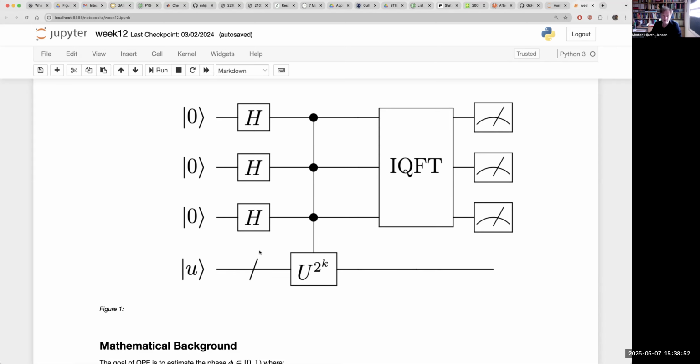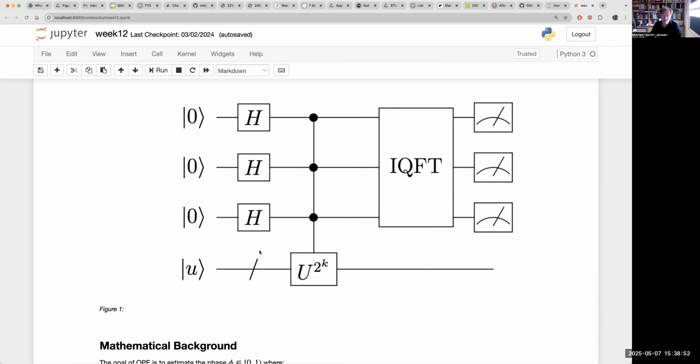And for those of you who are not familiar with the way we represent numbers in a computer with a binary representation, this is going to be equal to phi 0 times 1 divided by 2 to the power of 1, plus phi 1 of 1 divided by 2 to the power of 2. And this continues all the way up to phi of t minus 1 of 1 divided by 2 to the power of t.